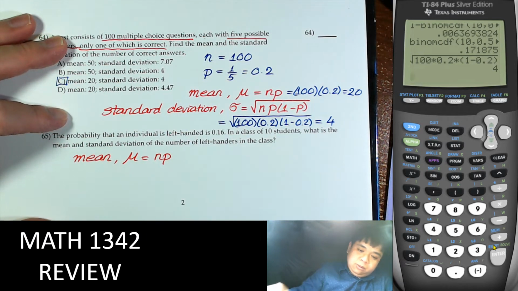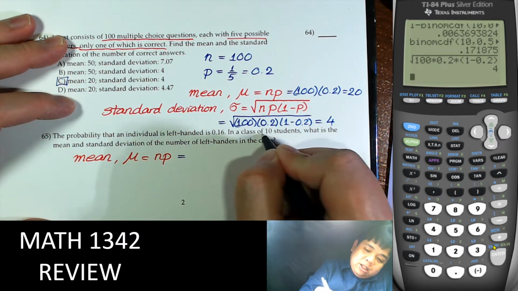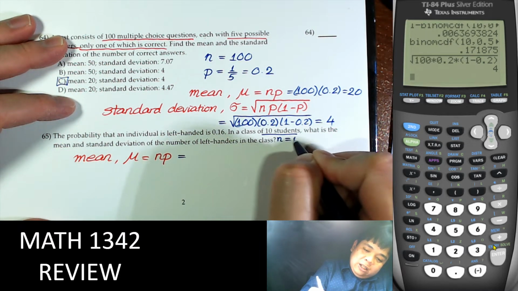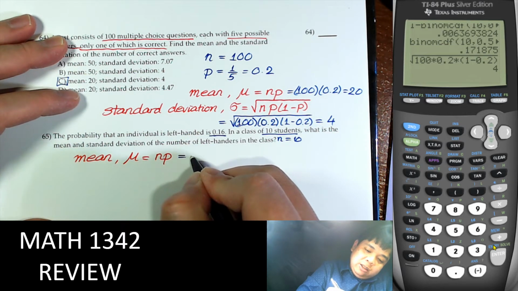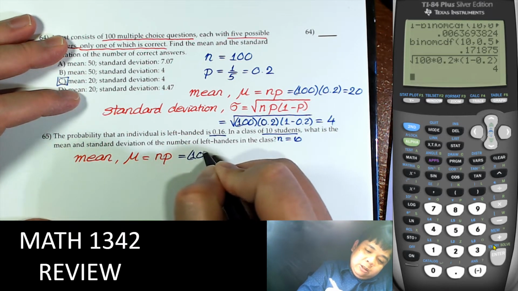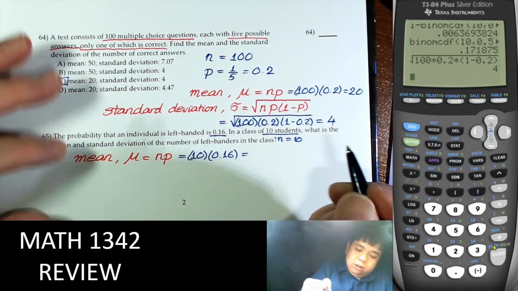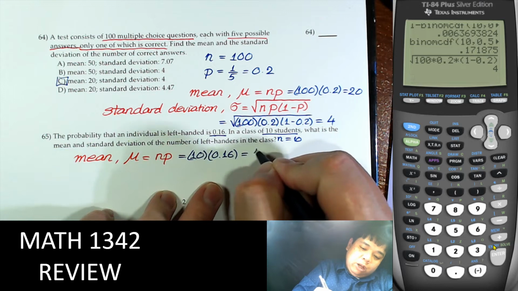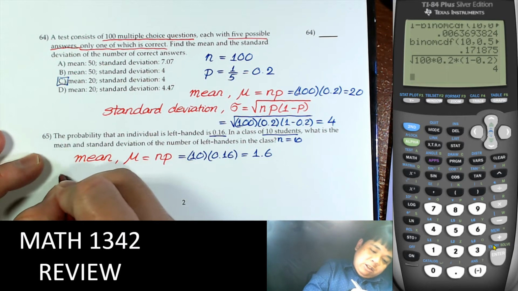So 10 students, that is n, and this is the probability. So that's 1.6, and the standard deviation.